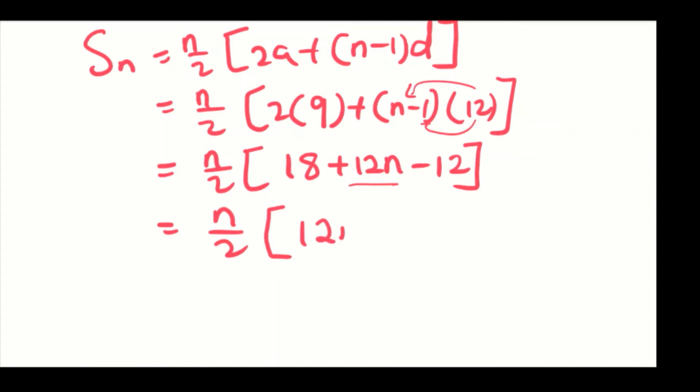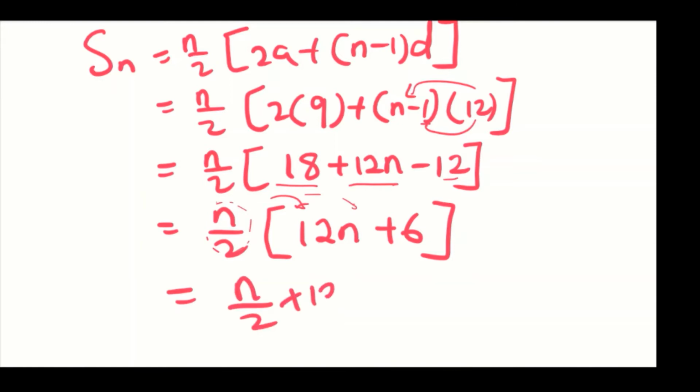Then we're going to have n over 2 into this 12n here, so it's going to be 12n, and then 18 minus 12, we're going to get 6, and then we're going to multiply this n over 2 inside the brackets. It's going to be n over 2 times 12n plus n over 2 times 6, right?